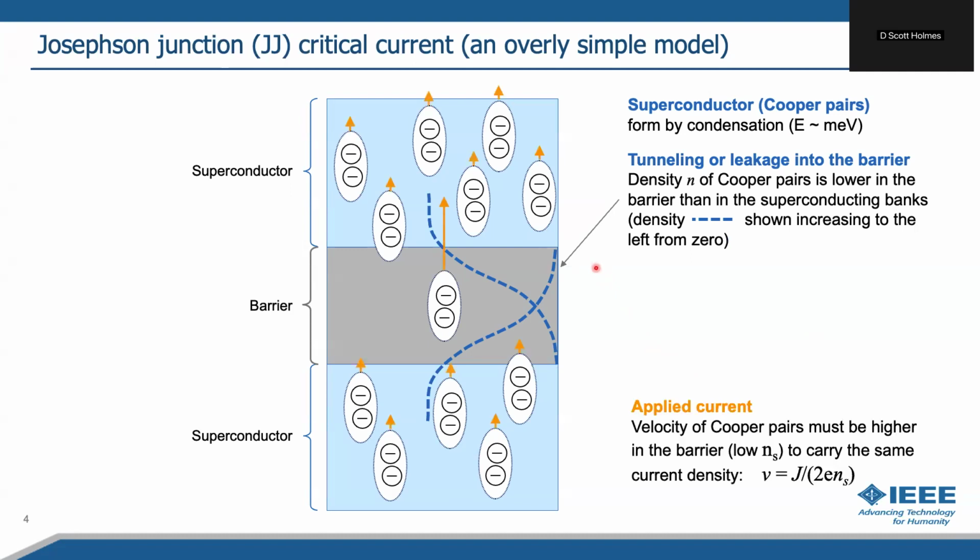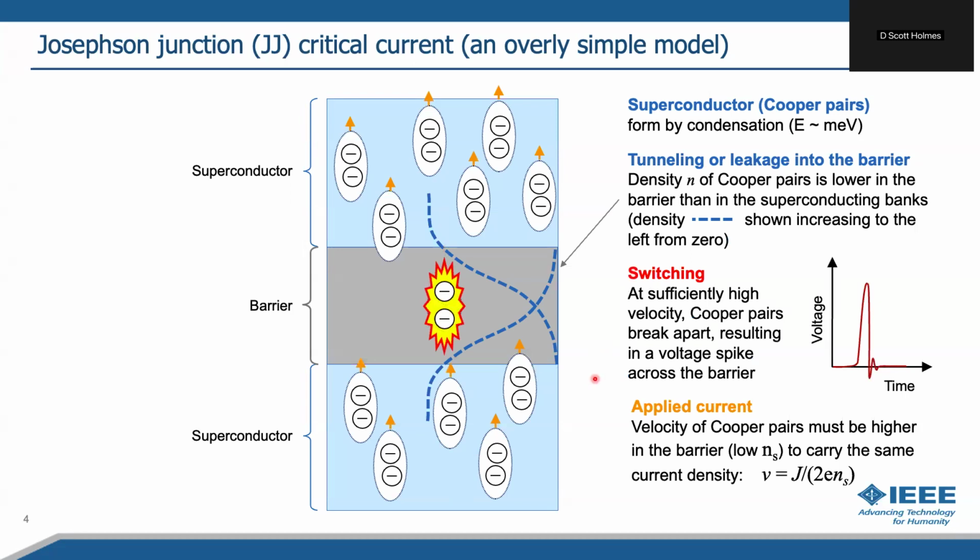Okay, so if we apply a current, there's a relatively larger density of Cooper pairs in the electrodes and the superconducting regions above and below, and so there's a low average velocity. But in the barrier where there's a smaller density of Cooper pairs, the velocity has to be larger to carry the same amount of current.